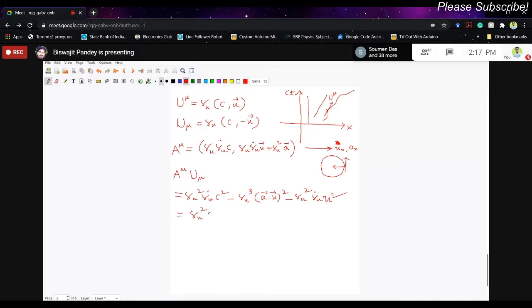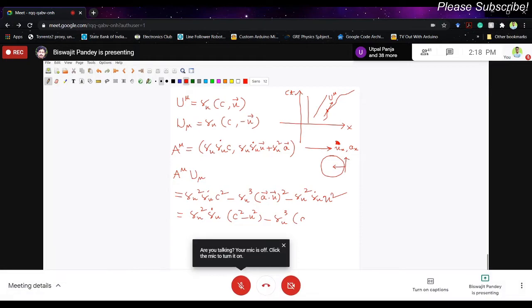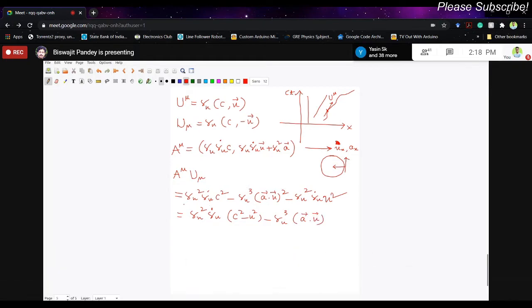If I take this common: γ_u squared γ_u dot (c squared minus u squared), minus γ_u cubed a·u, the middle term. So I am taking common from this and this, γ_u a·u. This is not a square, this is wrong.